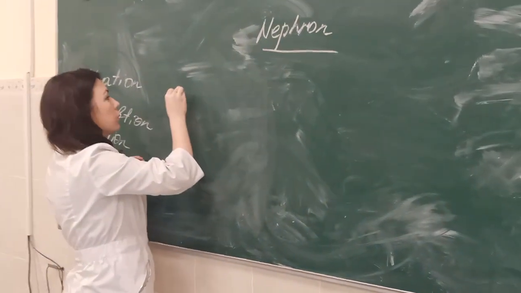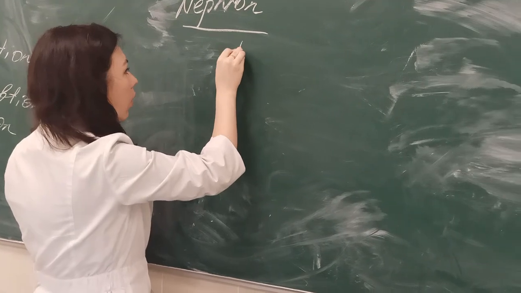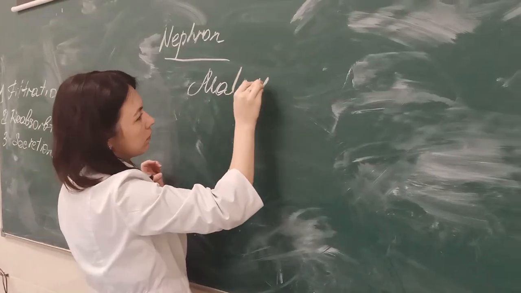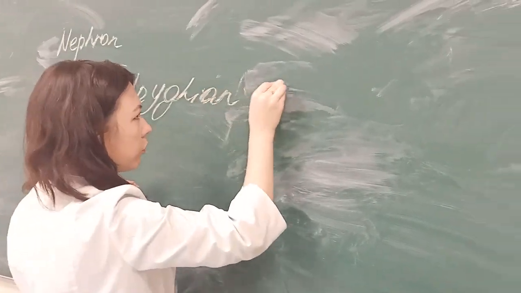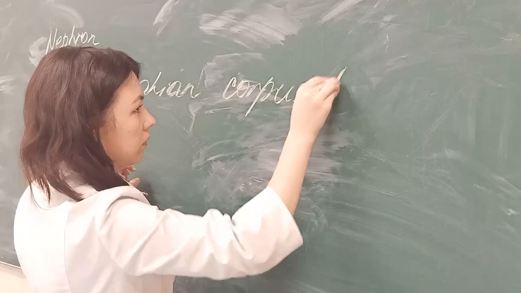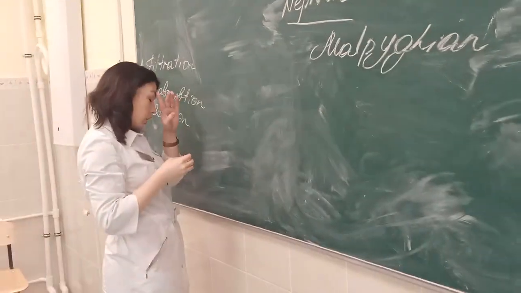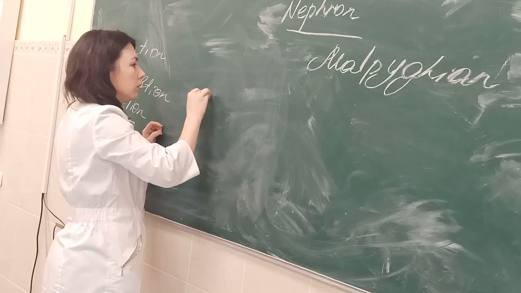Structure. The first part is the Malpighian corpuscle or renal corpuscle. How is it formed? It consists of two parts. First of all, Bowman's capsule.